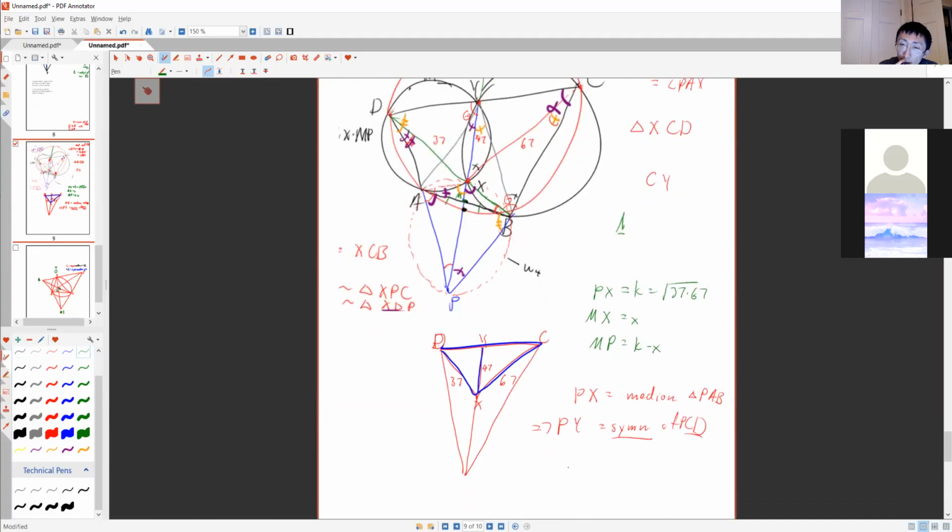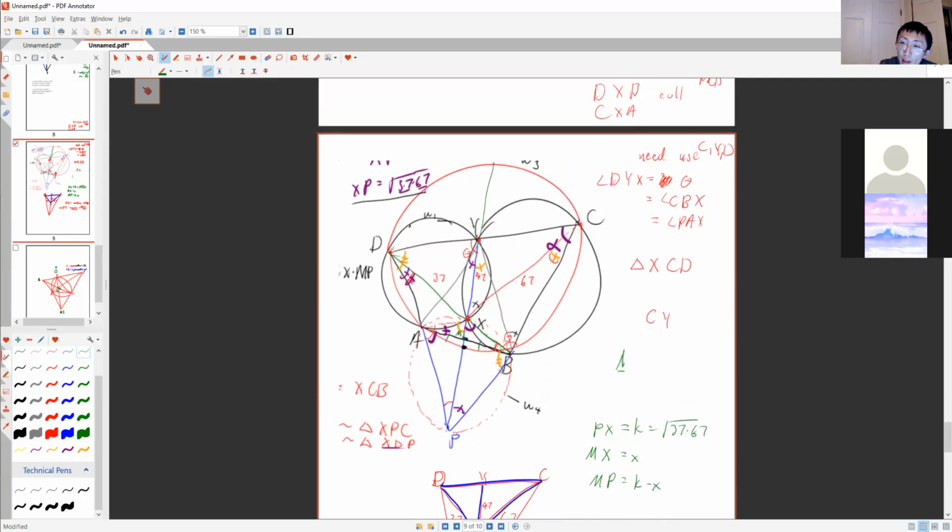So I think that X is actually the symmedian point. And it might be that these are collinear, XDB and XAC.